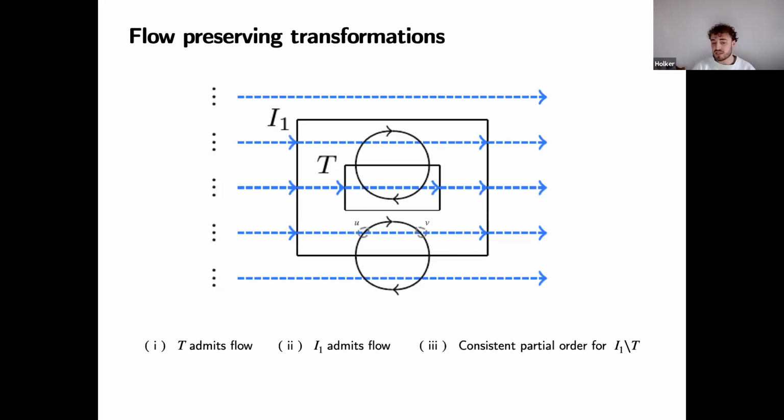The way you can check this is to look at each pair of vertices within this influencing digraph, so within the neighbours of where the transformation has changed the graph explicitly, and compare the partial order of these and ensure that the partial order induced by the flow outside of the influencing digraph does not contradict the partial order of the flow created inside the influencing digraph. By checking all these relations, that guarantees that your flow will be preserved.